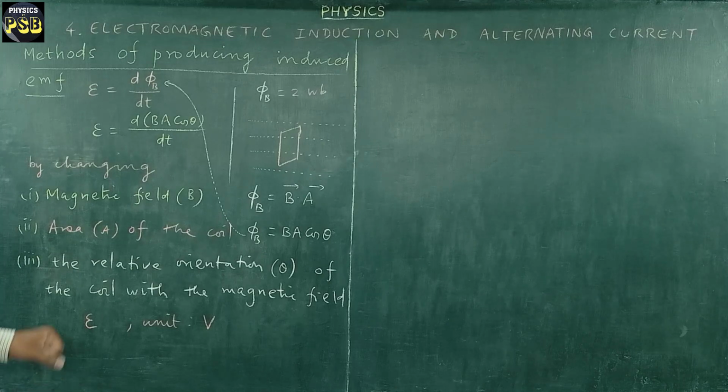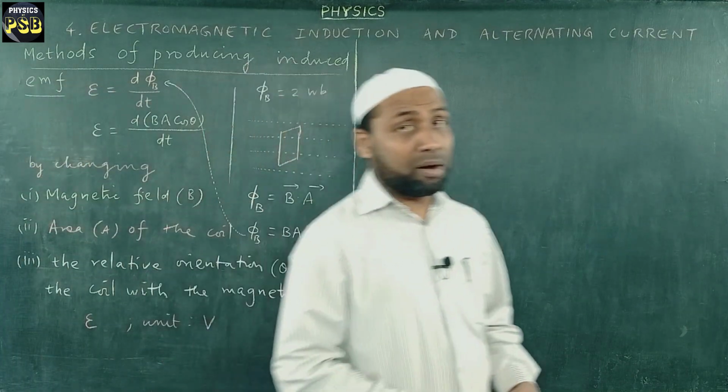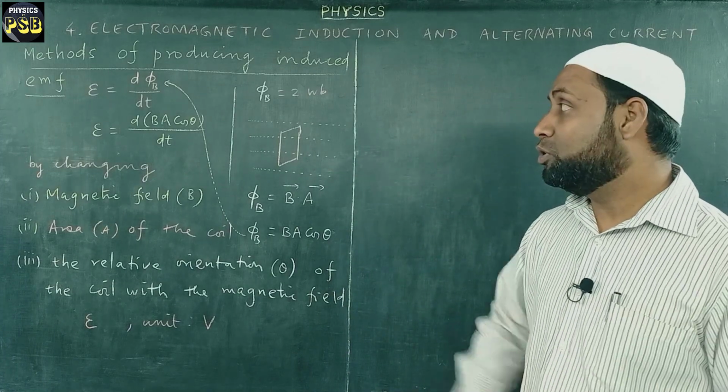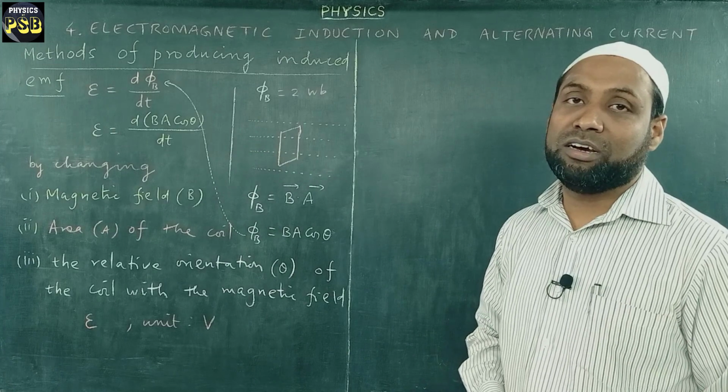Now, I will discuss the first method of producing induced EMF, by changing the magnetic field. How can one change the magnetic field linked with a coil to produce an induced EMF?